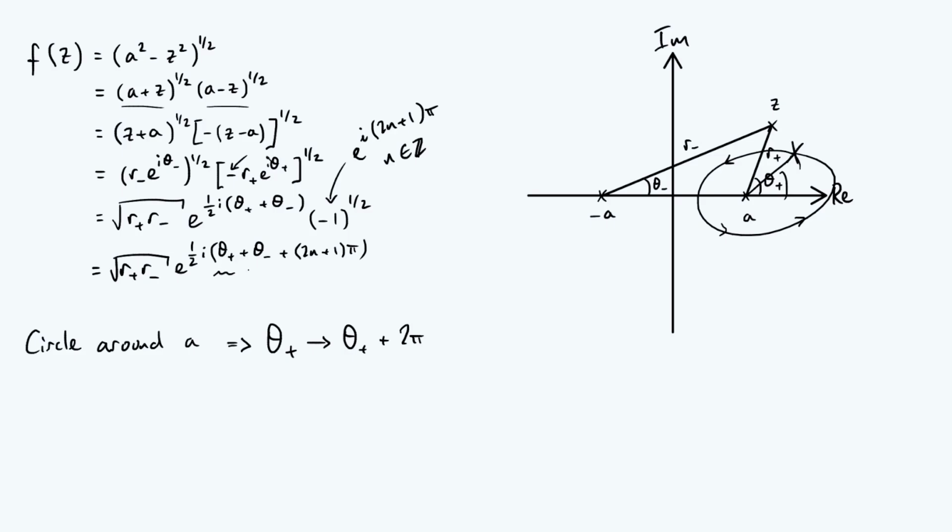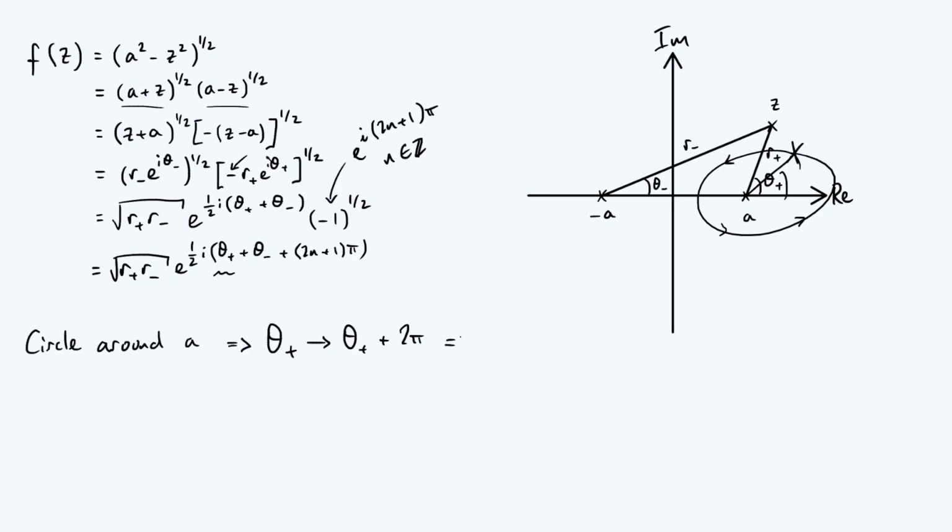Essentially what we're doing is adding an extra 2 pi to the phase term in the complex exponential. So if you add an extra 2 pi into this bit here, it's mostly going to be the same as what it was before, but you've got an extra factor of e to the half i times 2 pi.